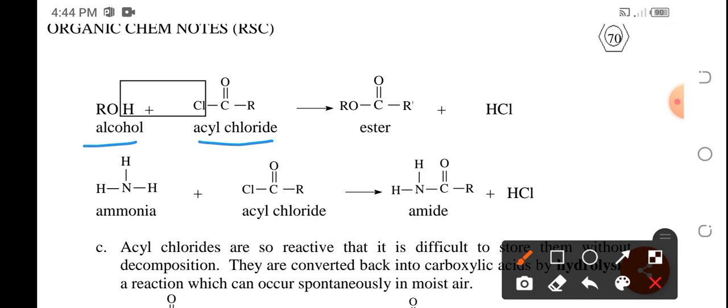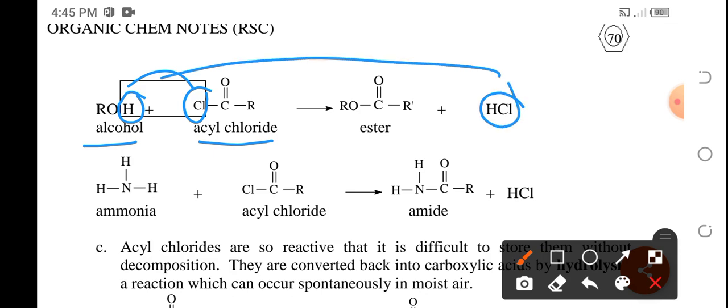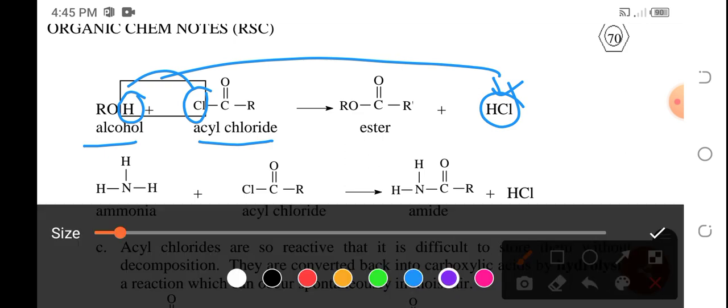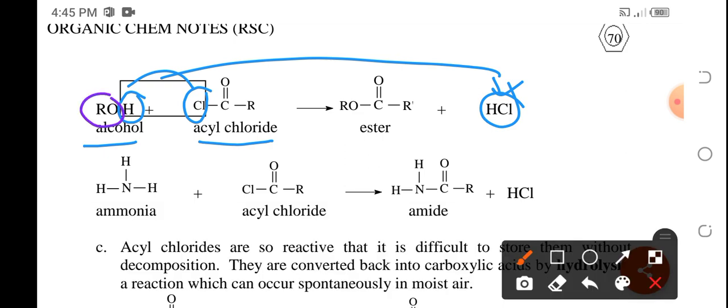The mechanism is that the chlorine from the acyl chloride and the hydrogen from the hydroxyl group of the alcohol will form a bond to produce hydrochloric acid. On the other hand, the open part of the alcohol and the acyl chloride will form a bond together to form an ester. This is RO C double bond OR. We're going to discuss this further in the next chapter. Nevertheless, alcohol reacting with acyl chloride will form an ester.